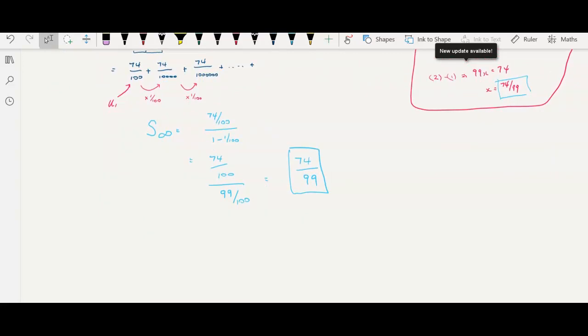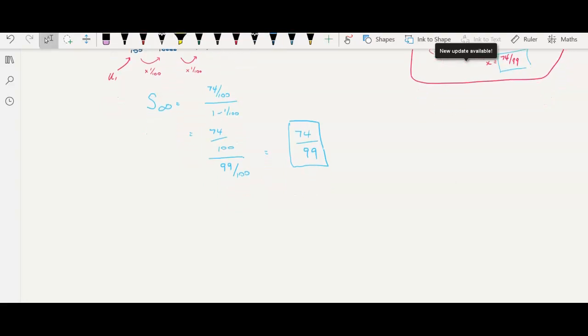Okay, let's have a look at just a couple more examples before I let you go and do some practice with exercise 1C. All right, let's have a look at this example, and perhaps you can pause the screen and attempt this.